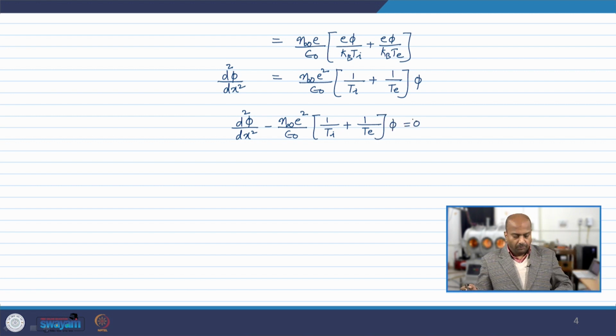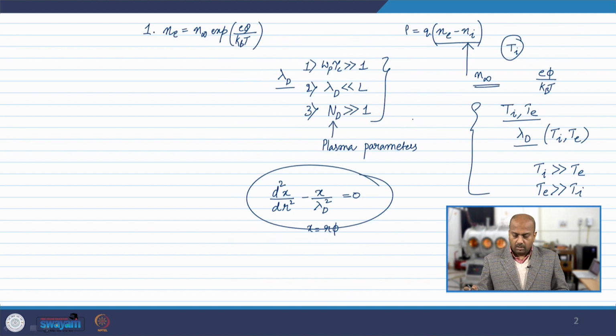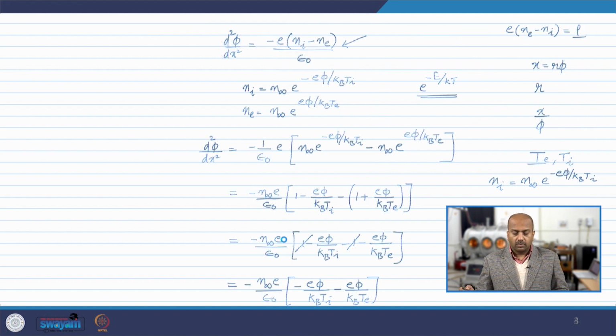is equal to 0. Let us compare this equation with what we had when we considered only the electrons to be distributed according to their temperature and the ions to be constituting a constant background. What was that equation? This one, d square phi by dx square minus phi by lambda d square is equal to 0.